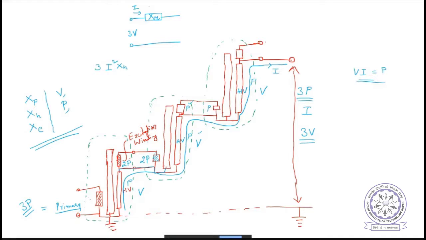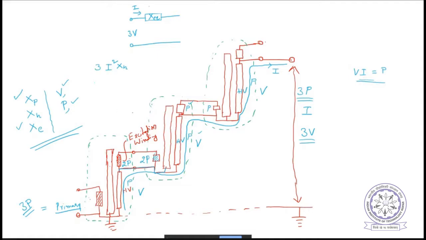Suppose this winding is rated V. Then how much current will flow in this? I, right? This reactance XP or XE are at a base voltage V and base power P.